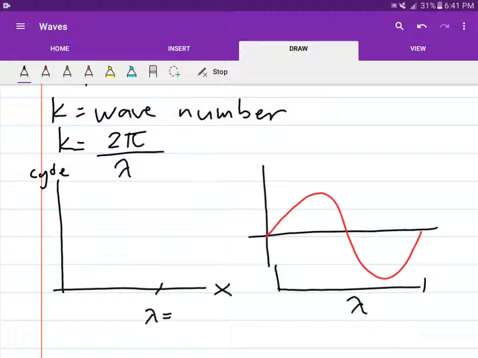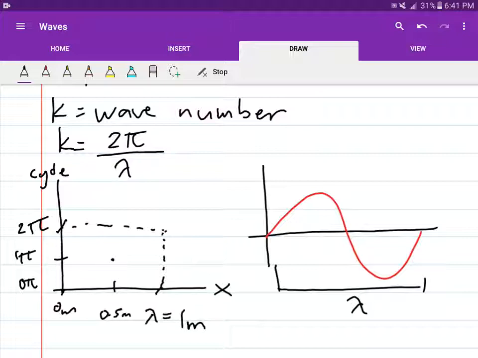Let's say that one whole wavelength of this wave is 1 meter. This corresponds to one whole cycle on this wave. So this will be 2 pi, and similarly to what we did with the temporal frequency, this will be 1 pi, this will be 0 pi for 0 meters.